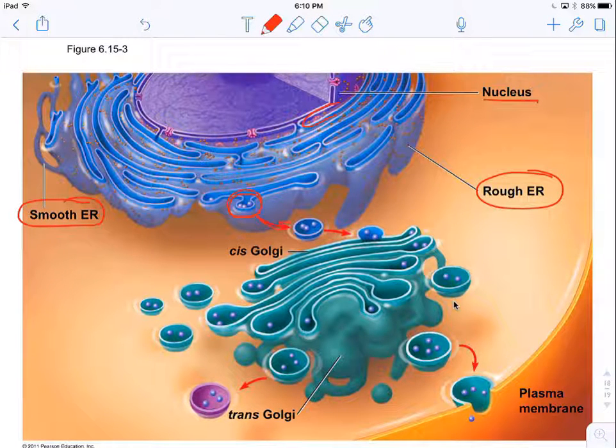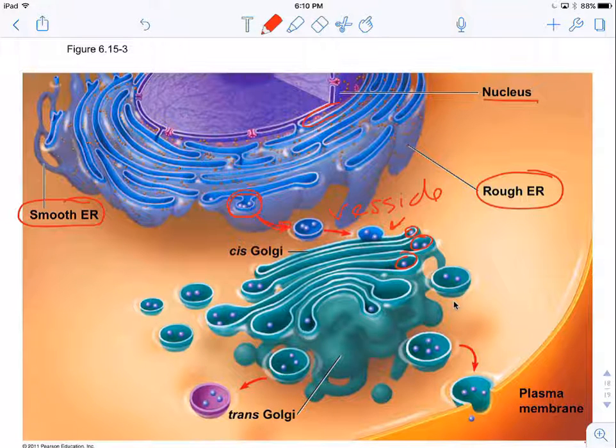They get packaged up into a vesicle, a transport vesicle, and it brings the contents to the cis Golgi. They fuse, and then the contents get kind of sorted and packaged out through the Golgi.